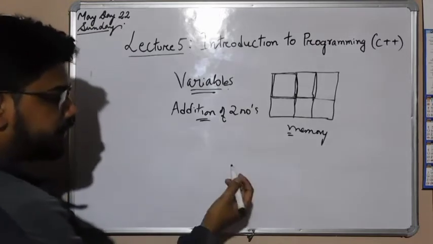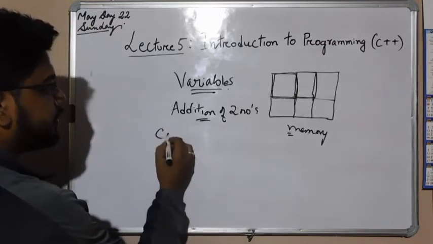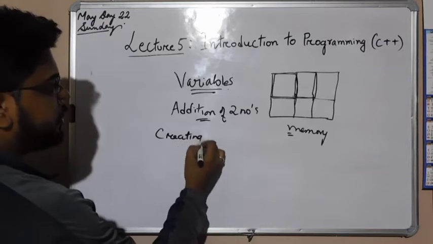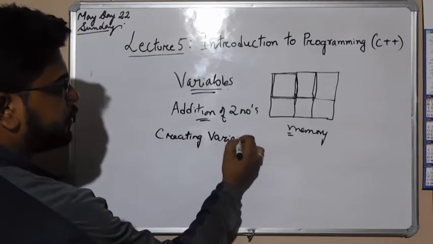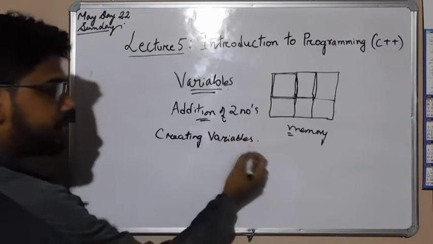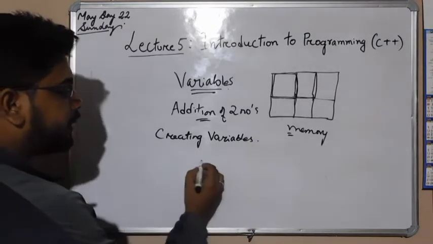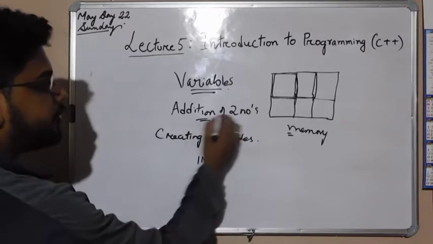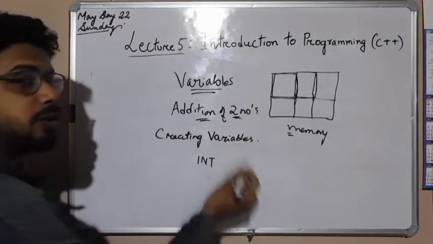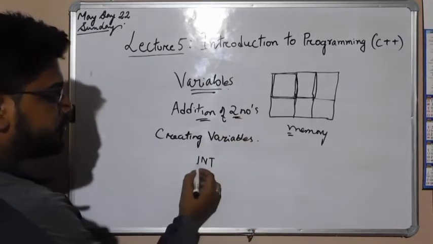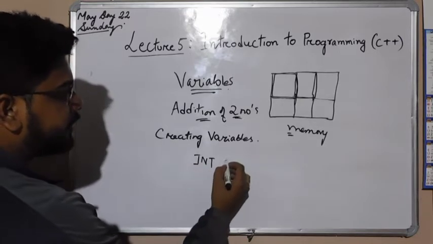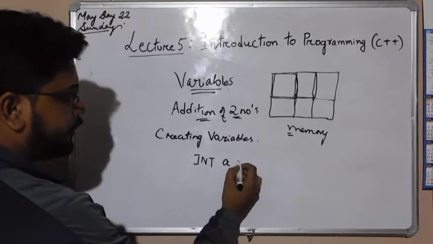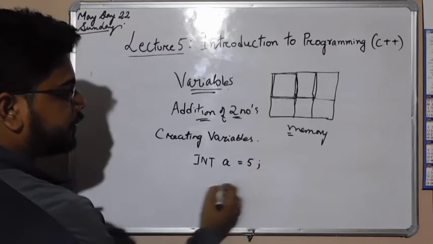Now how to create variables? You just give the data type. For example, we have addition of two numbers, so the two numbers are of integer type. So we will write int a equal to 5.